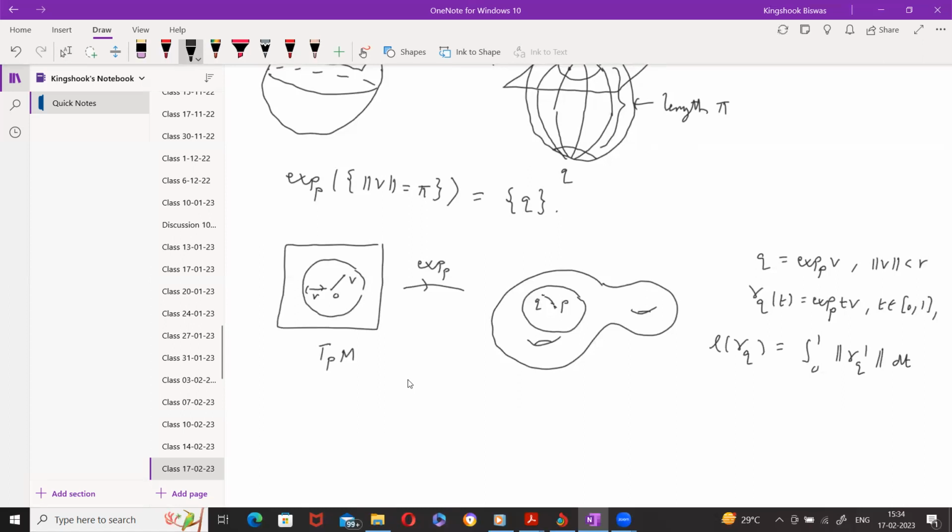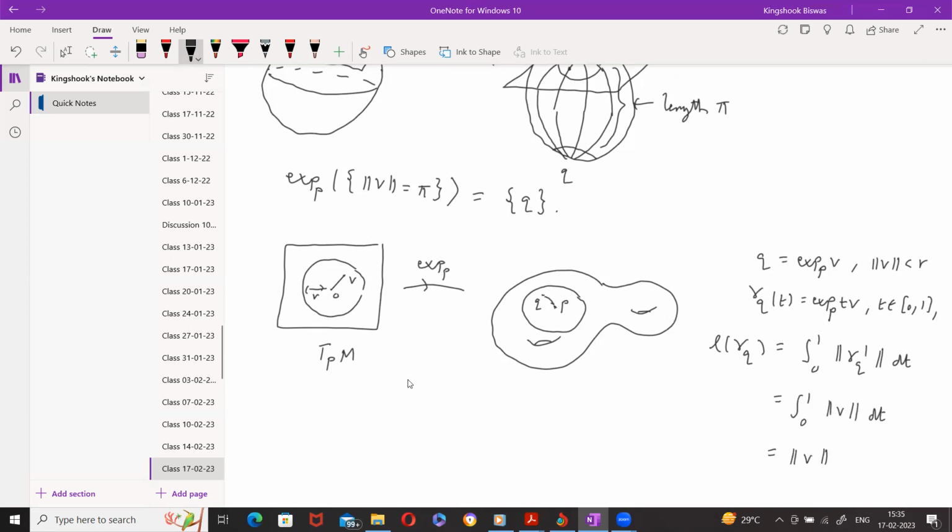But this has constant speed, so this is equal to the speed at time 0. But at time 0, the initial velocity of this geodesic is v, right? This x_p t v, its initial velocity is v. So that means the speed is norm v. So this speed is constant, equal to norm v. And you're integrating from 0 to 1. So this will be norm v.